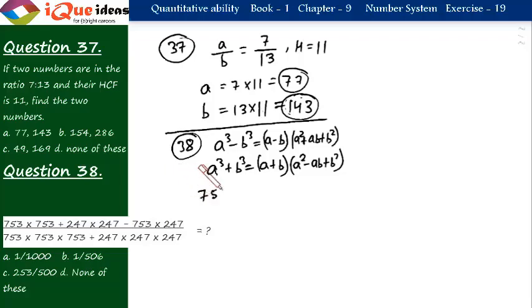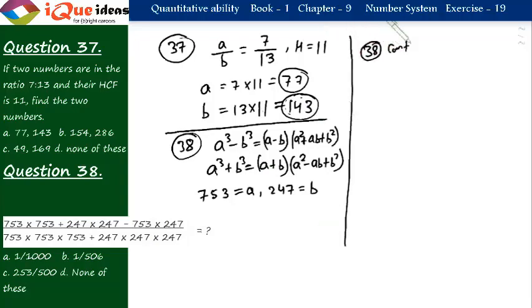Now in this question, let's consider 753 as A and 247 as B. Okay, 753 as A and 247 as B. So I'll write the question here, 38 continued. I'll first write the expression given in the question.